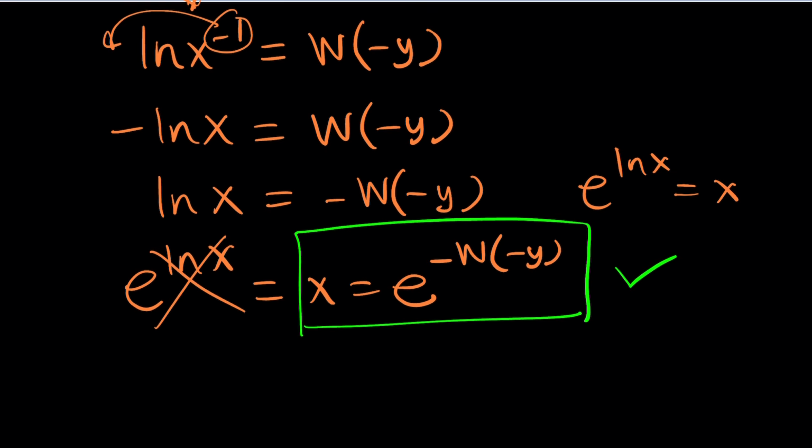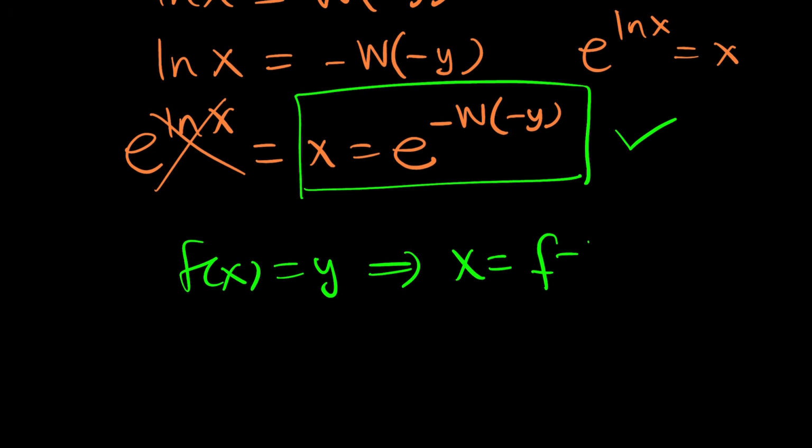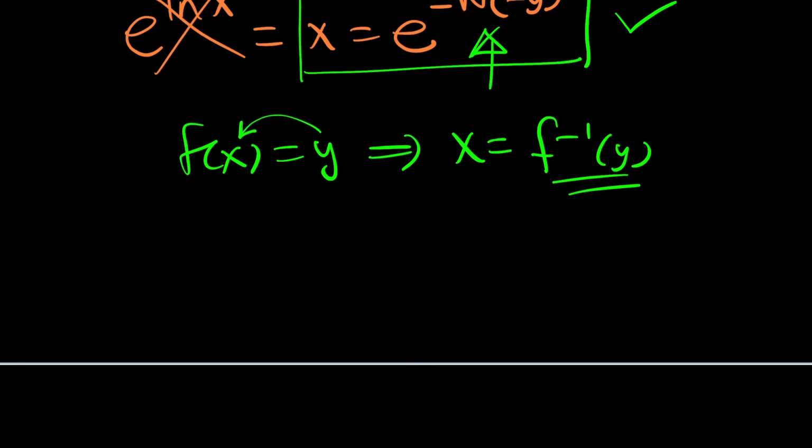By solving for x, because remember, we had y equals f of x, or f of x equals y, we actually found x equals f inverse of y, because f inverse basically does the opposite. It switches x and y. So this expression right here is equivalent to f inverse of y. Let's go ahead and write it that way.